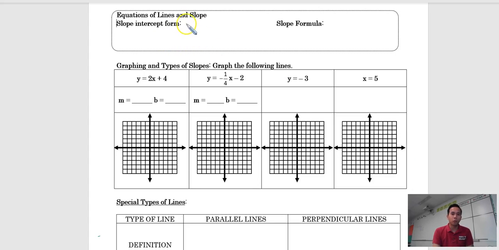Your slope-intercept form is y = mx + b. Your m is your slope, and your b is your y-intercept.